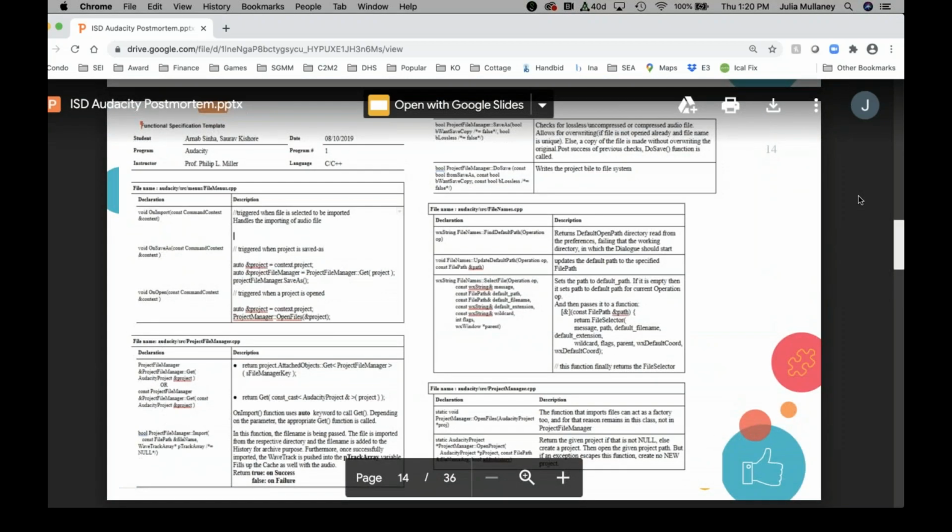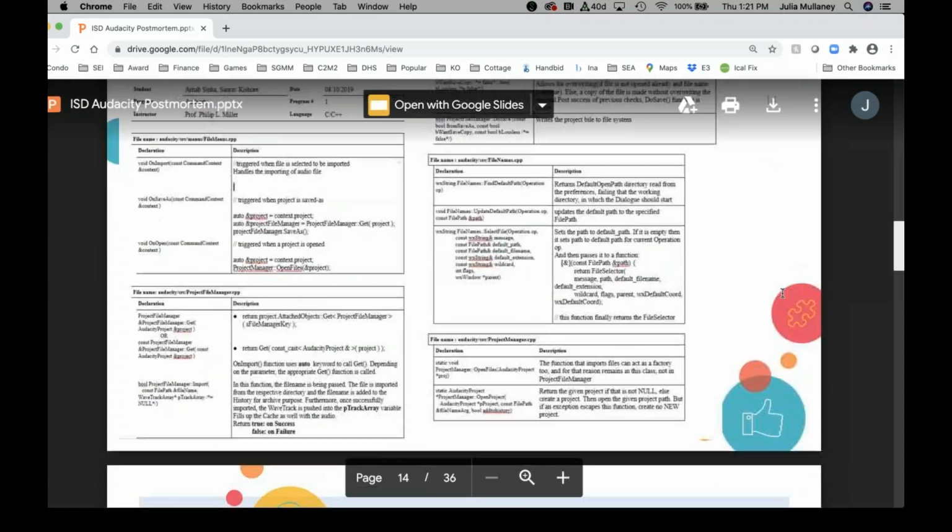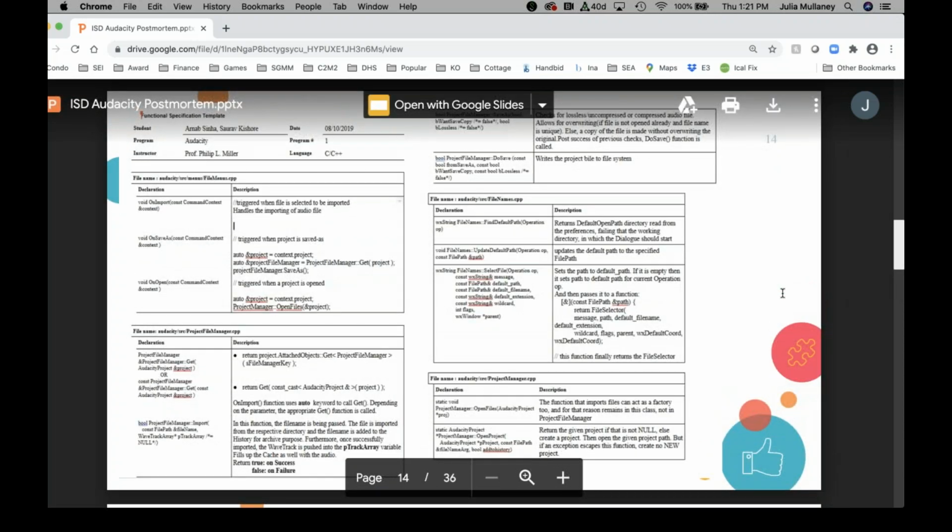So this was the functional specification template for what Audacity already had in place. Now we need to change this to what I am talking about, right? We also have the logic specifications and functional templates in the slides that are coming up, but I won't discuss this in much detail.